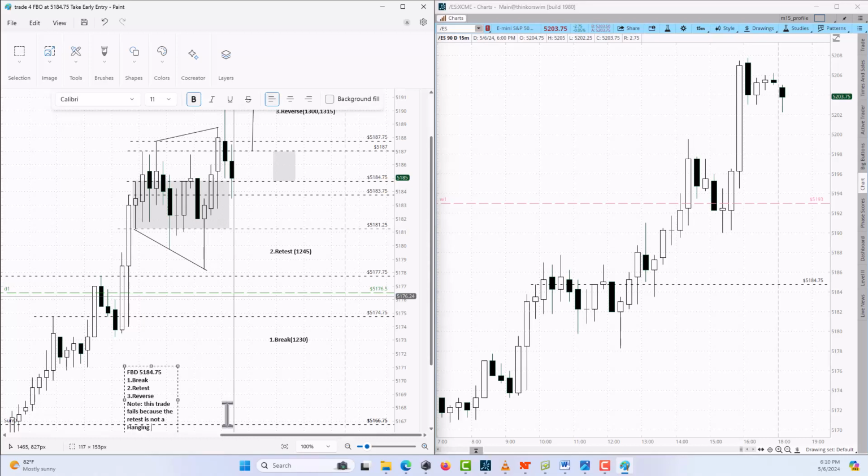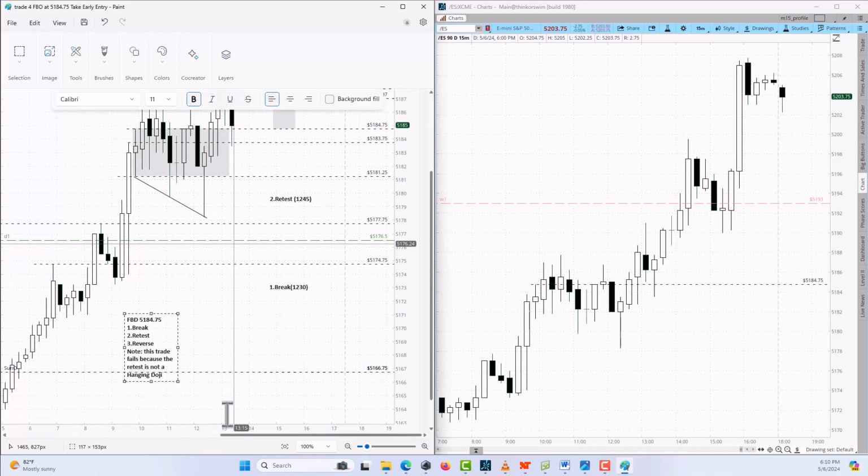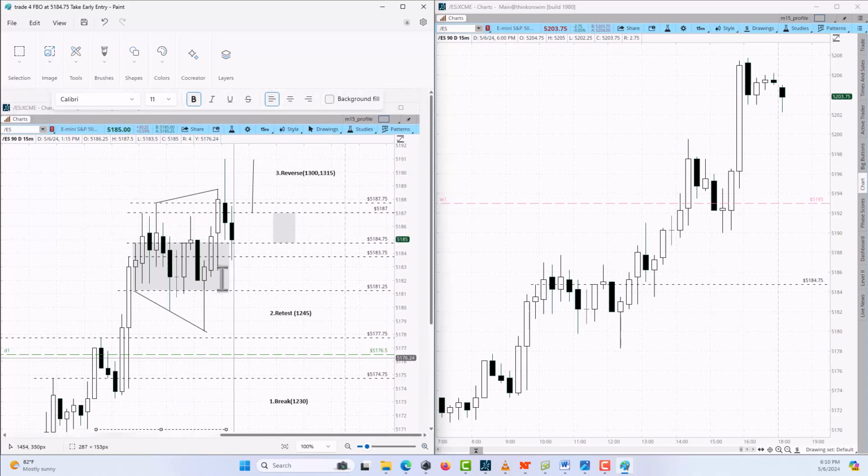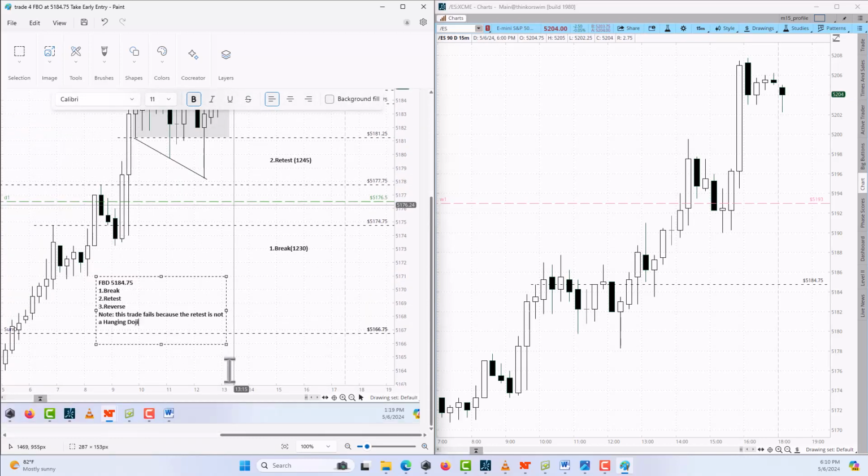It's not a hanging doji, and that's the reason why the trade failed. That's how we constructed our trade right there, but we forgot to notice the subtle difference. We thought that a retest is a retest, but it has to be a doji. Otherwise, it's not a high quality setup.